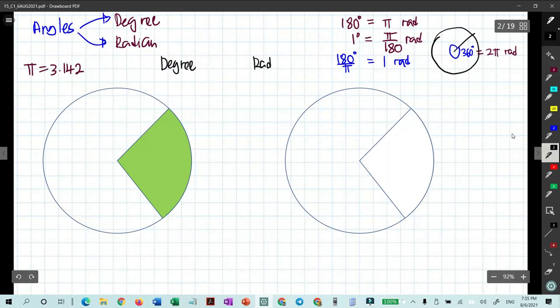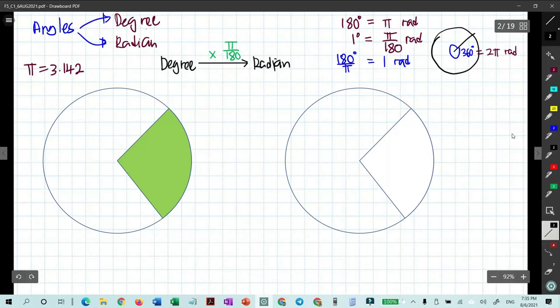So if you want to convert degree to radian, what you need to do is multiply the value in degree with pi over 180.